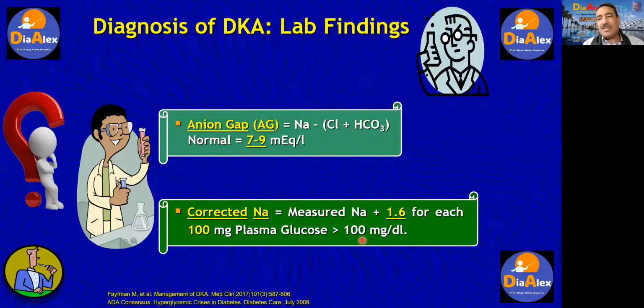So you calculate 4 times 1.6. This will give 6.4. So add 6.4 to measured sodium, which is 130. So the corrected sodium level will be 136.4.